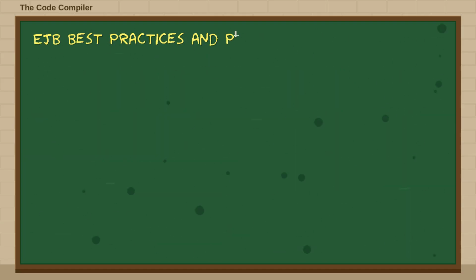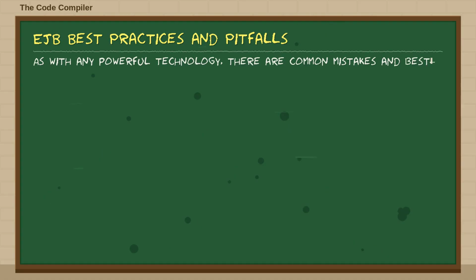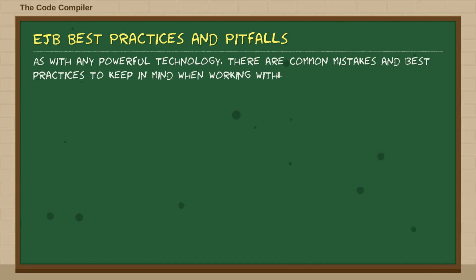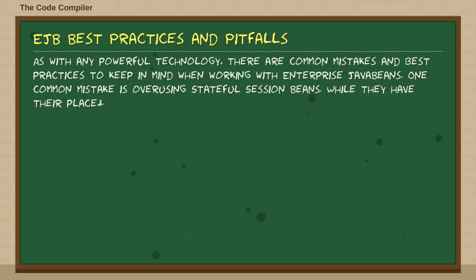As with any powerful technology, there are common mistakes and best practices to keep in mind when working with Enterprise JavaBeans. One common mistake is overusing stateful session beans. While they have their place, relying too heavily on them can lead to resource exhaustion and scalability issues.